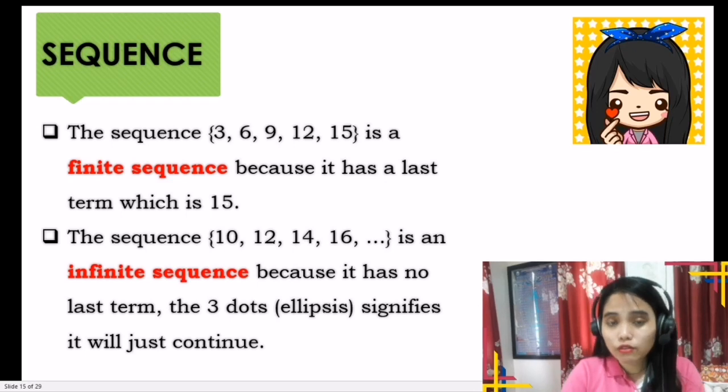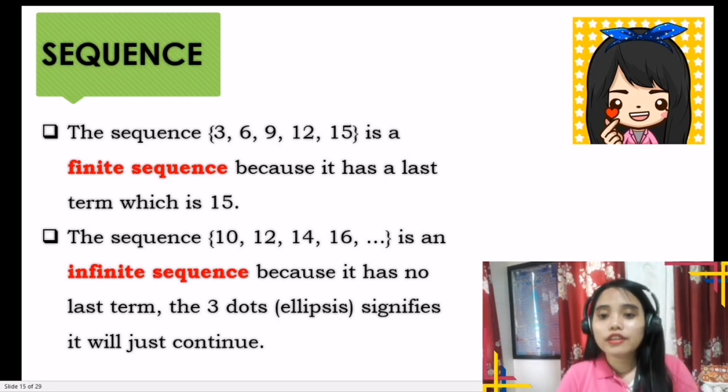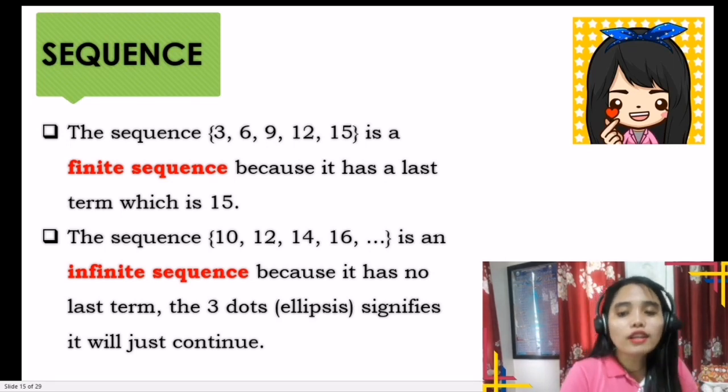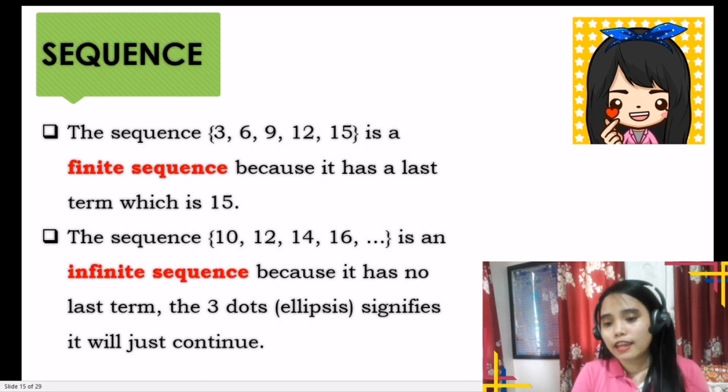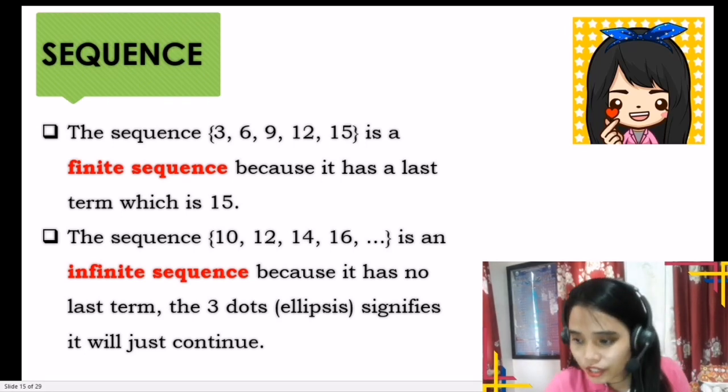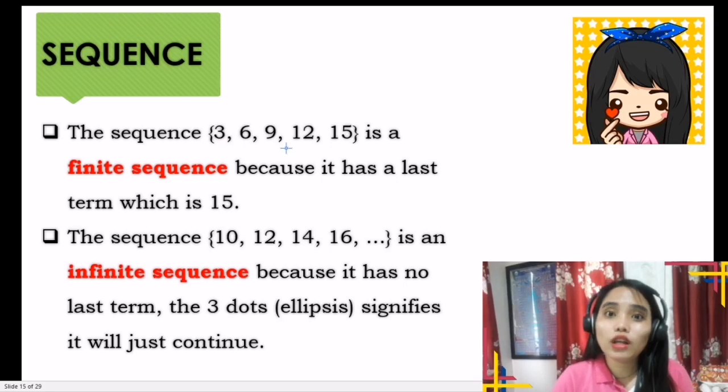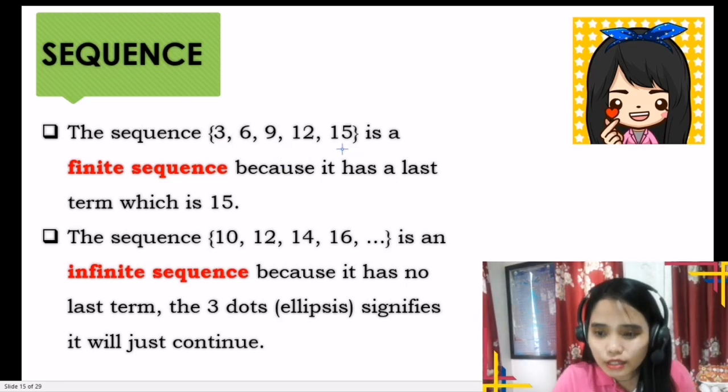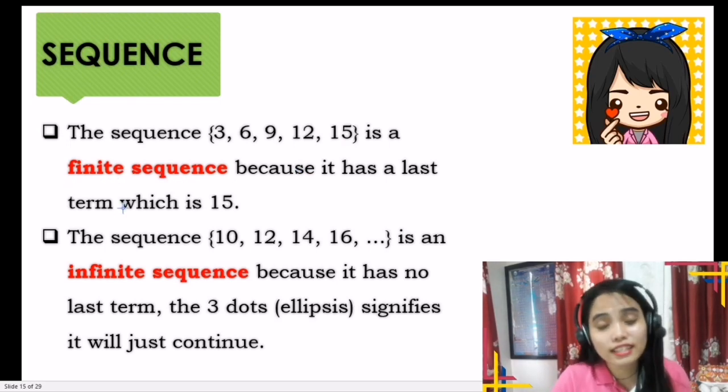So we have two types of sequences. First is called the finite sequence. So we call a sequence finite if it has a last term. And example here, 3, 6, 9, 12, and 15. So may last term tayo eh, 15. So that is called a finite sequence.